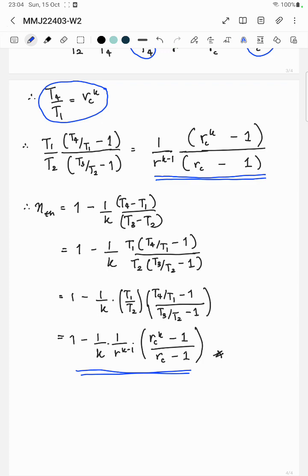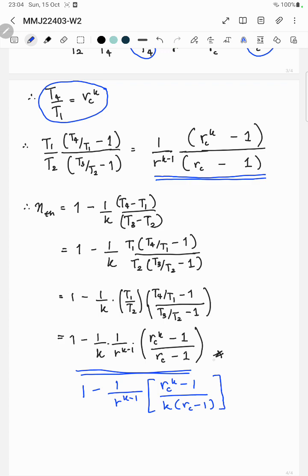which may be a little bit different from the one that you have in the textbook or in our slides, page 23, where the equation is laid down to you as 1 minus 1 over r to the power k minus 1, multiplied by rc to the power k minus 1 over k times rc minus 1.